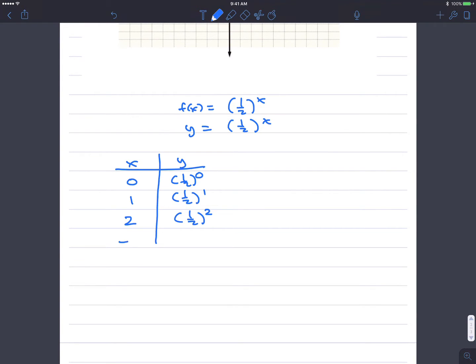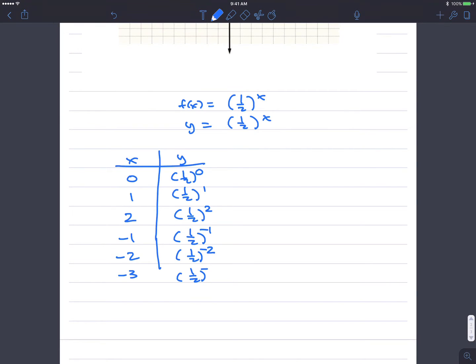And then when x is negative 1, I get 1/2 to the negative 1. When x is negative 2, I'll get 1/2 to the negative 2. Maybe I'll do another, x is negative 3. That'll give me 1/2 to the negative 3 power. Let's find all the y values. So you guys okay with this? We're looking at a decay. The base here is smaller than 1.